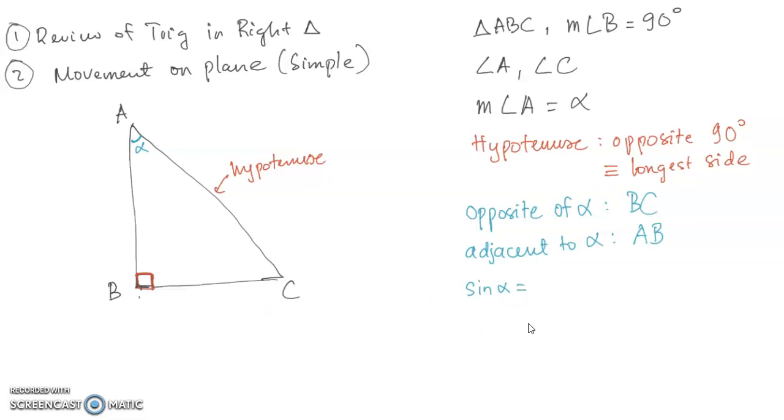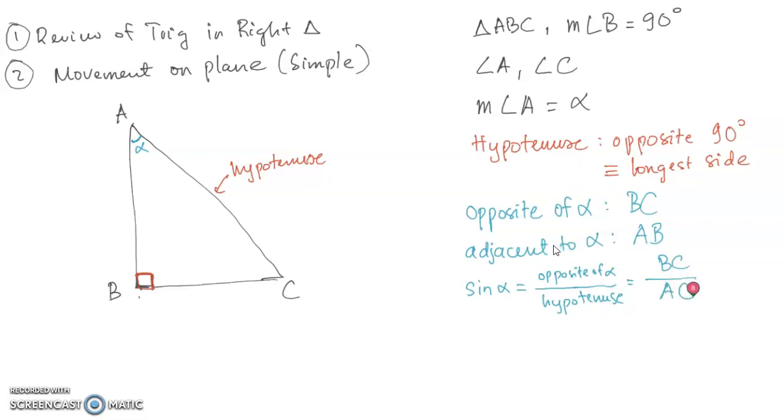In this case, sine alpha is the opposite of alpha divided by the hypotenuse. Opposite of alpha is BC, and the hypotenuse is AC, so divide by AC.